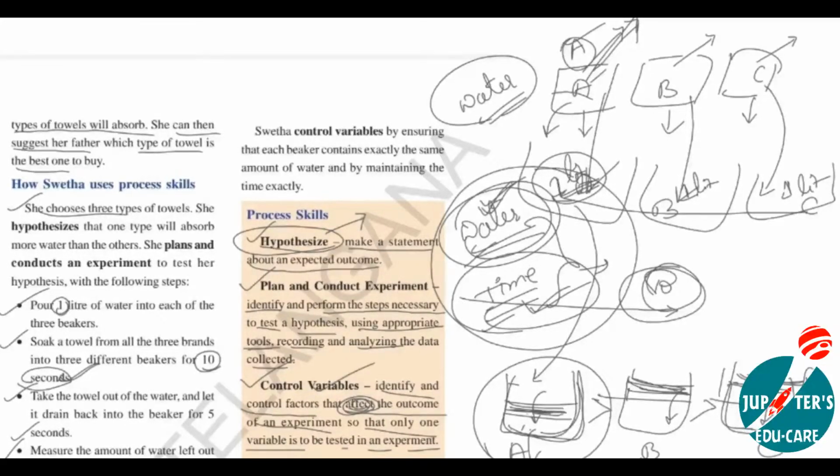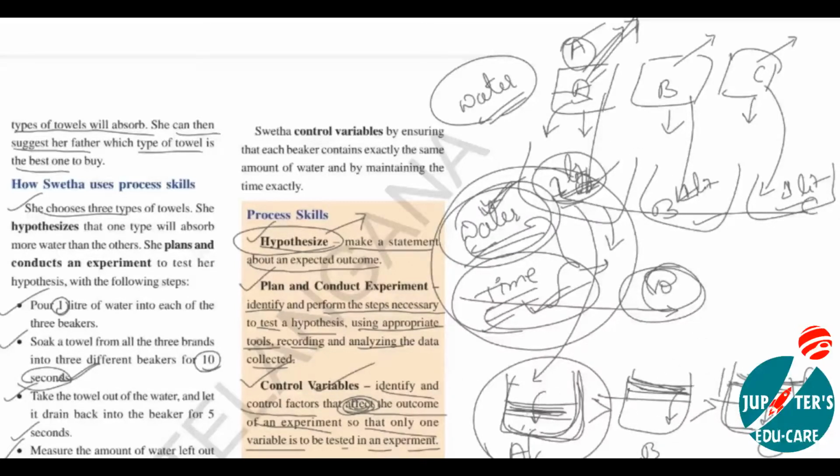Is it right? See, first beaker A had 1 liter of water, beaker B 1 liter, beaker C 1 liter. When you remove the towels and measure the water, you can compare it. First we took 1 liter of water in each beaker, but now no beaker has 1 liter.